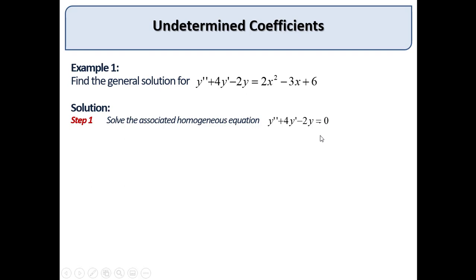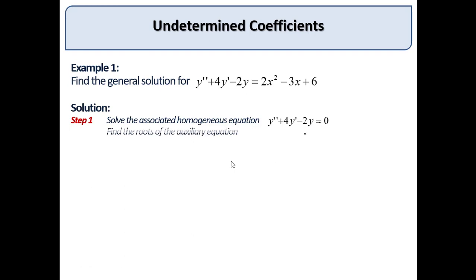We can solve it by using the techniques that we have previously learned and discussed. If you notice, all of the coefficients for the homogeneous equation are constants, so we can use the homogeneous with constant coefficients method.